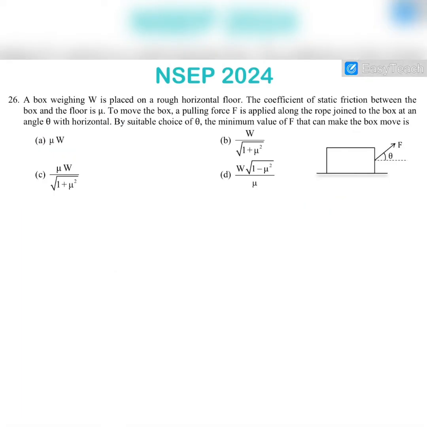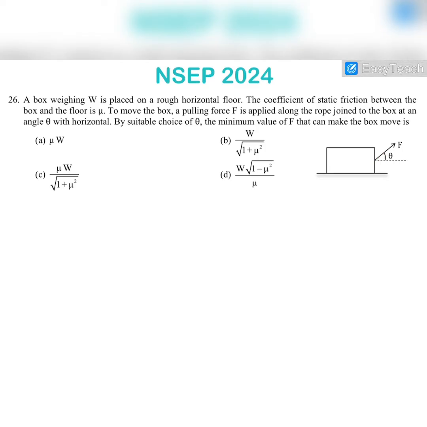In this question, we can see that there is a box of weight W that is placed on a rough horizontal floor. The coefficient of static friction between the box and the floor is mu. To move this box, we have to apply a pulling force F by a rope or something else at an angle of theta.